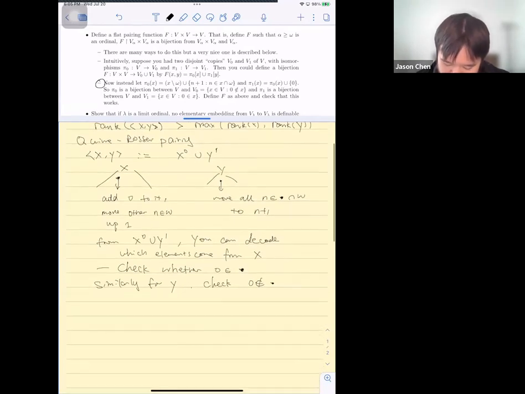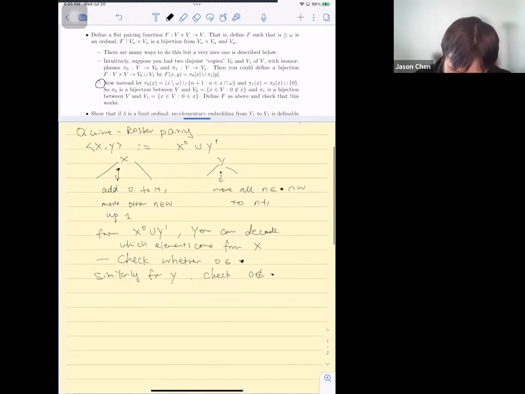Why is this pairing flat? The point is if X is in V alpha, then this means X is a subset of V alpha minus 1 if alpha is successor, or X is a subset of some V beta, beta less than alpha, if alpha is limit.